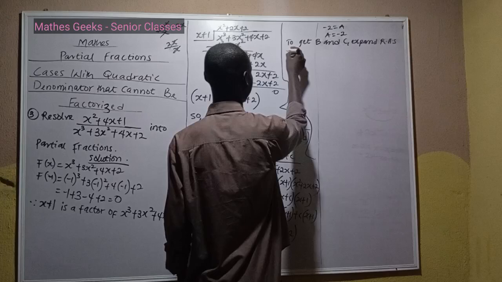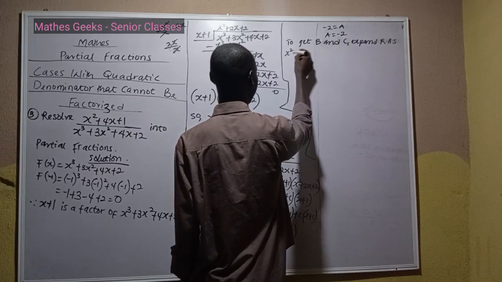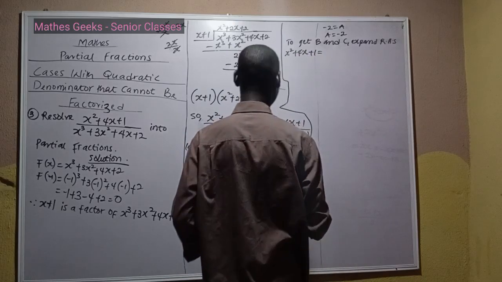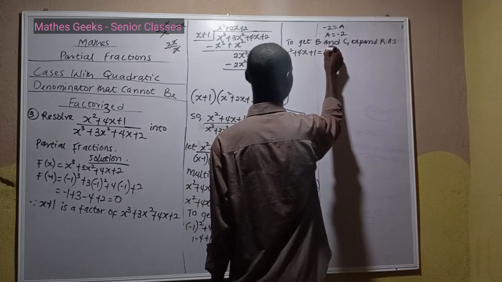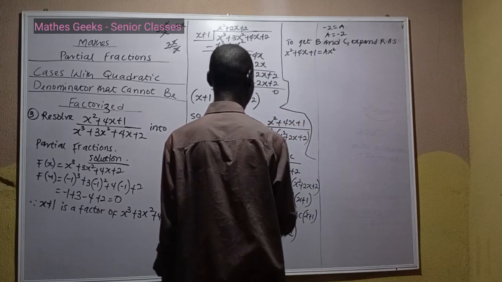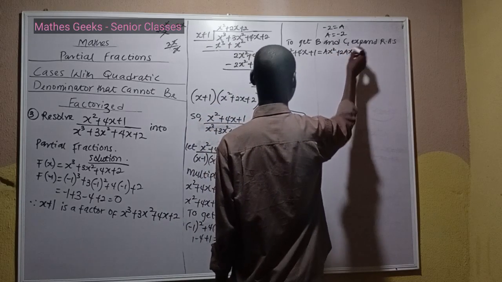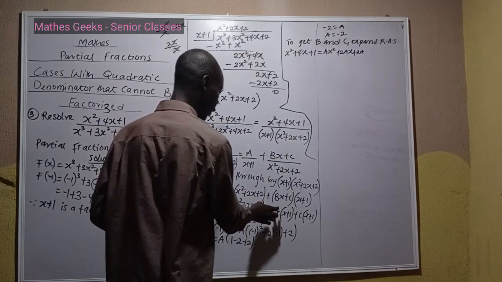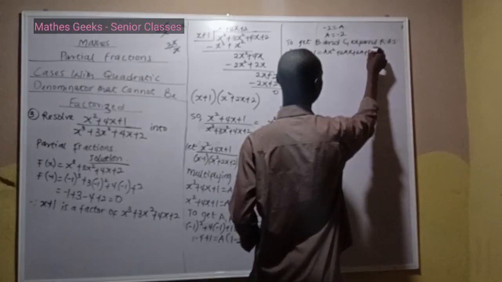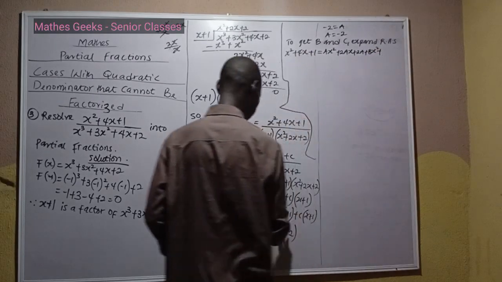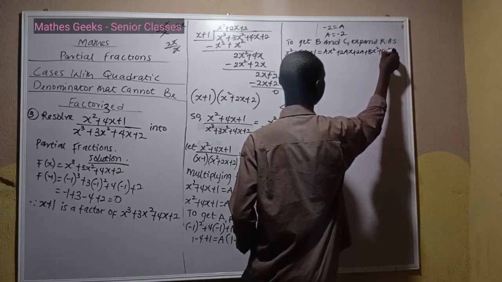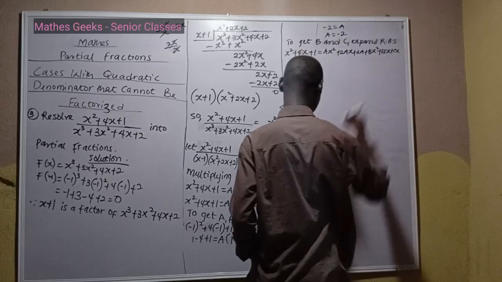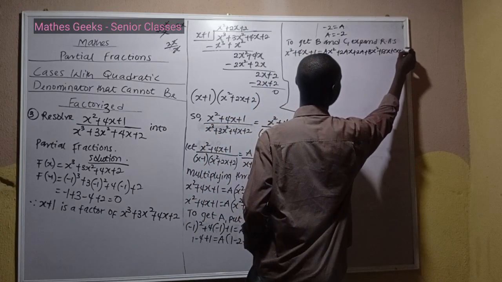So x squared plus 4x plus 1 is equal to a x squared, a times 2x equals plus 2ax, and plus 2a. Then bx times x equals bx squared, bx times 1 equals plus bx, then c times x equals plus cx, and c times 1 equals plus c.